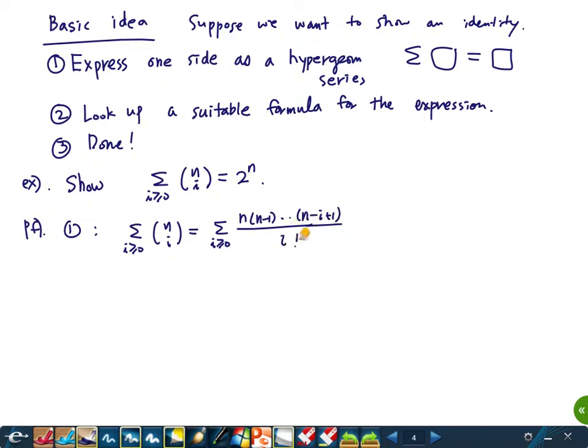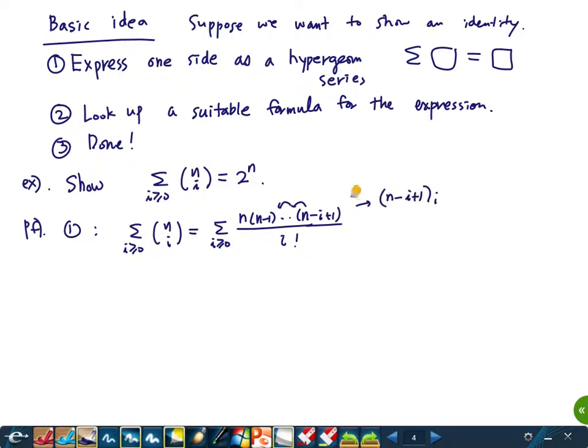This is the binomial coefficient. Can you write this as a Pochhammer symbol? Yes, if you think of this, you increase the number by 1 at a time, so you may want to try to write this as 1 minus i plus 1 sub i.